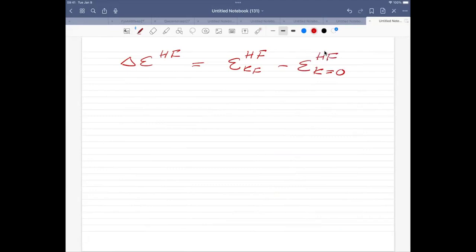In our case, this takes a specific value, which is 2.326. And this is a quantity which we can then relate to experimental data. One of the biggest successes of the electron gas model has been the fact that these quantities are not that different from what is observed experimentally.